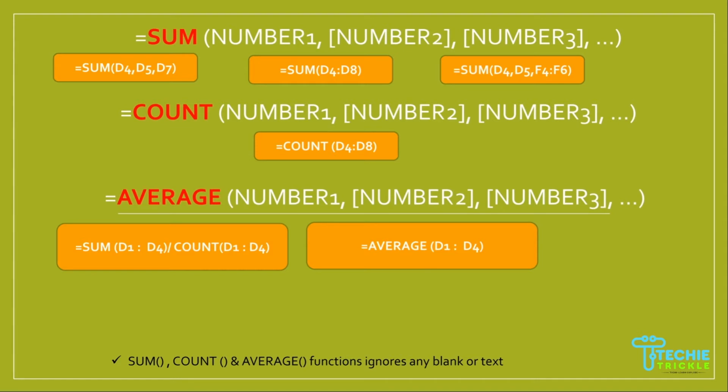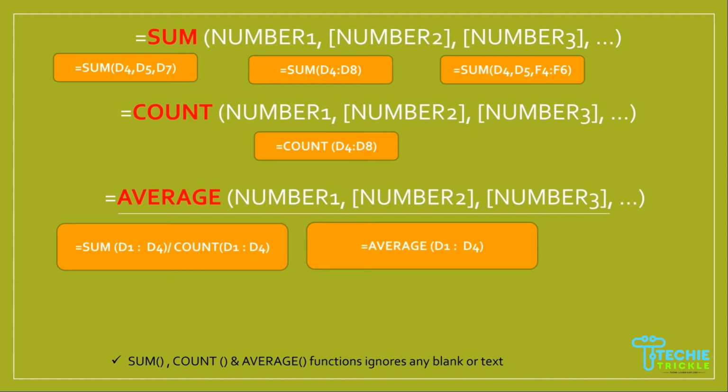One tip I want to give here is that all these three functions ignore the blanks and the text in the selected range. If you're not understanding what I'm saying here, don't worry, because I'm going to step into an example wherein you will understand much better.